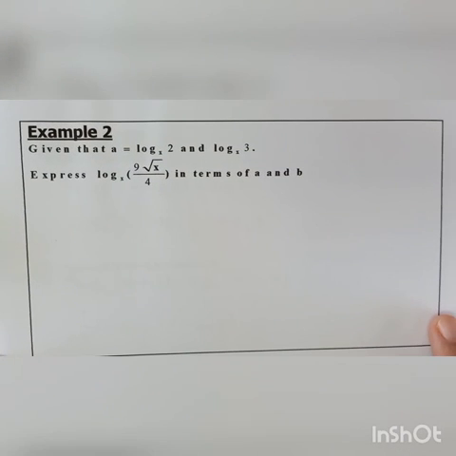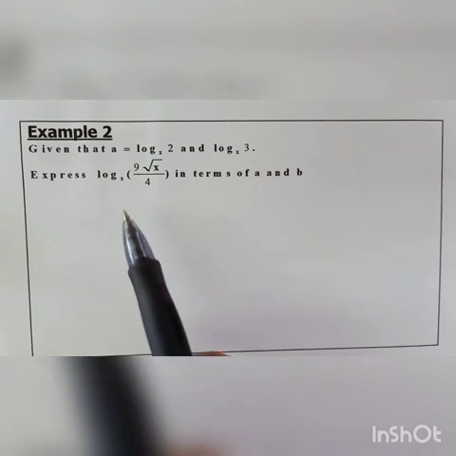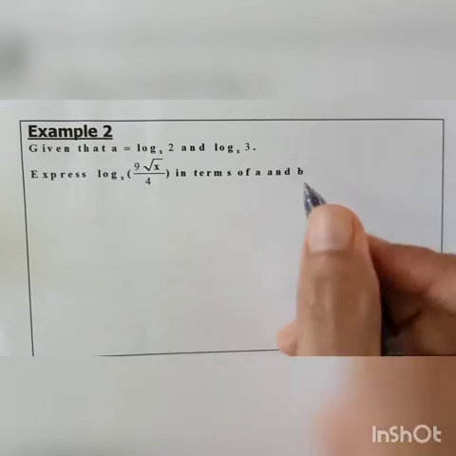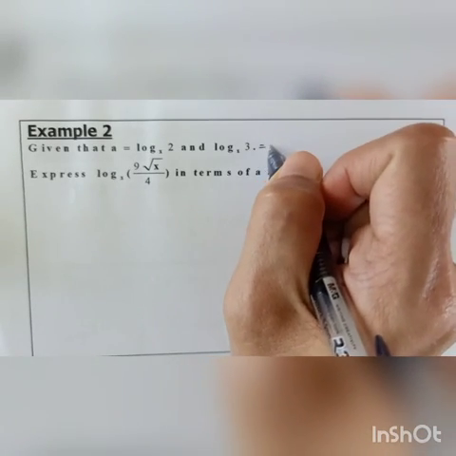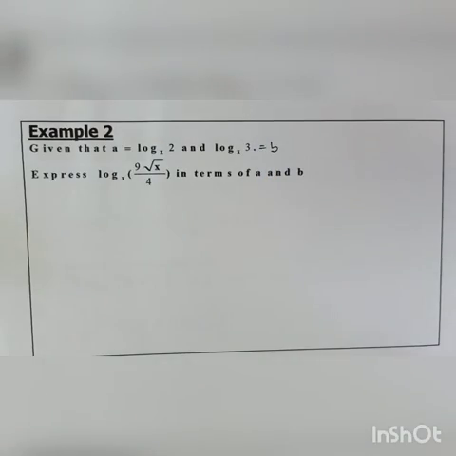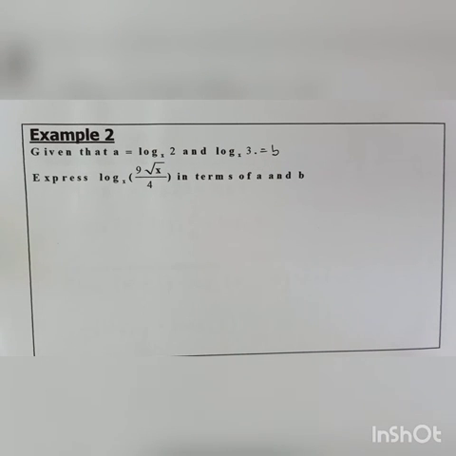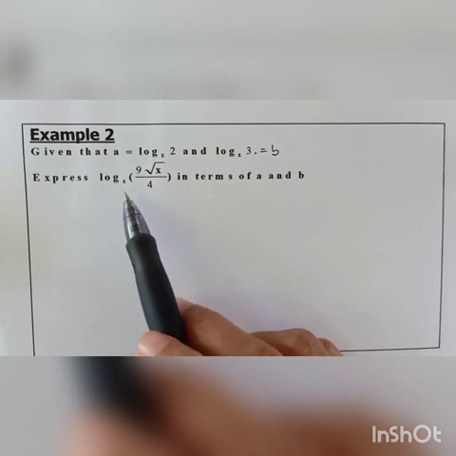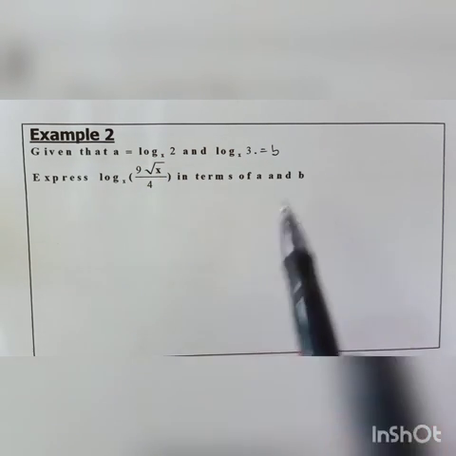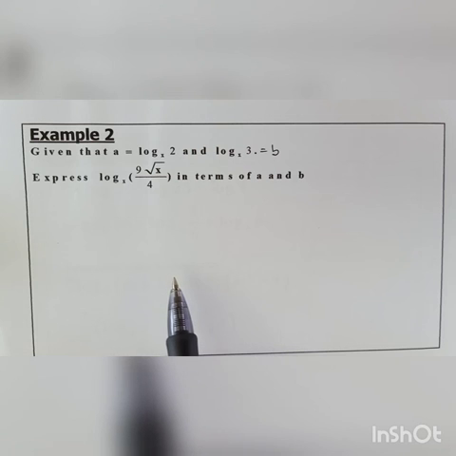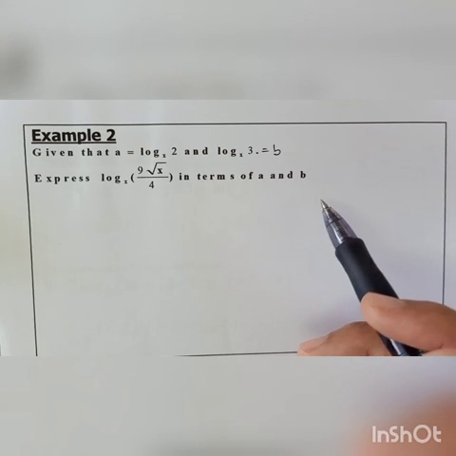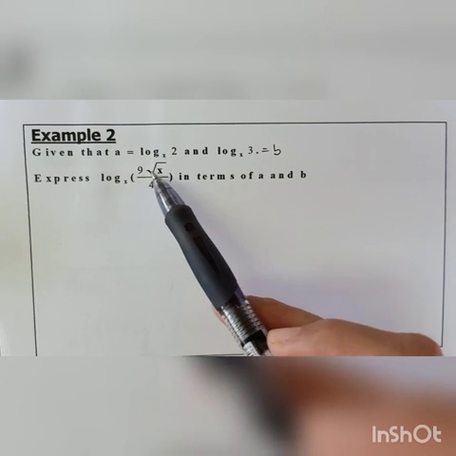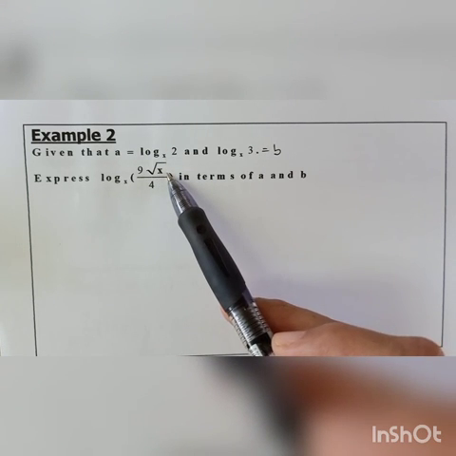Okay, for example 2, given that log 2 base x equals a and log 3 base x equals b, express log of 9 root x over 4 base x in terms of a and b. Here we look at the function 9 times root x.